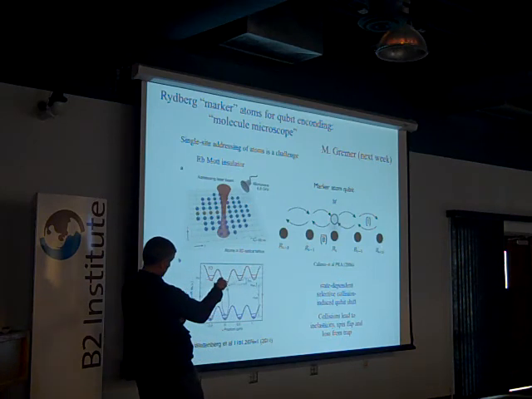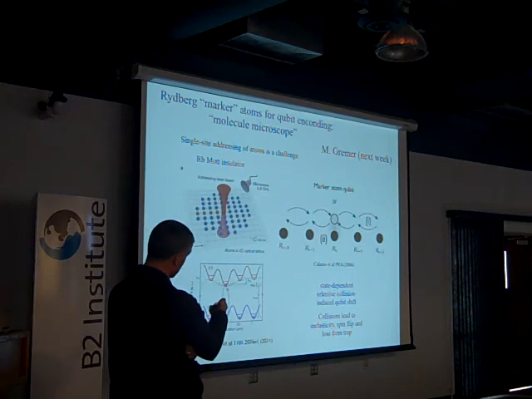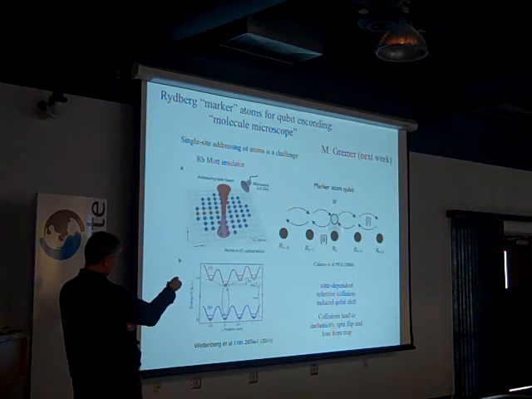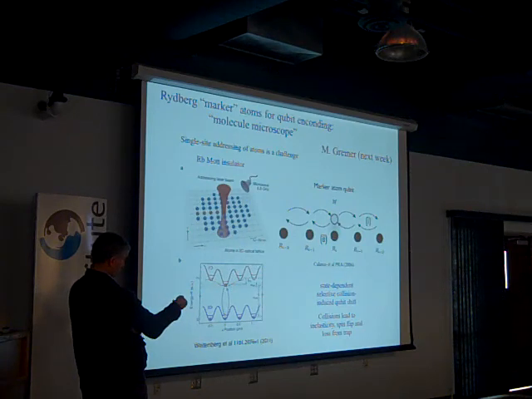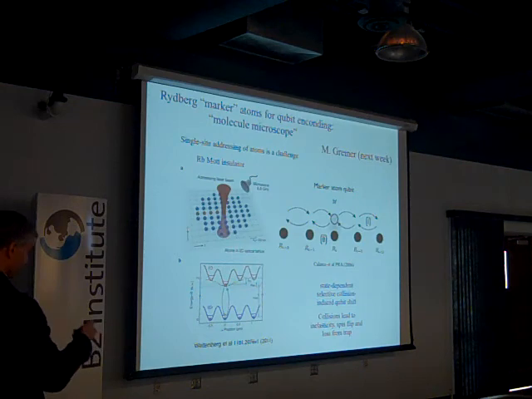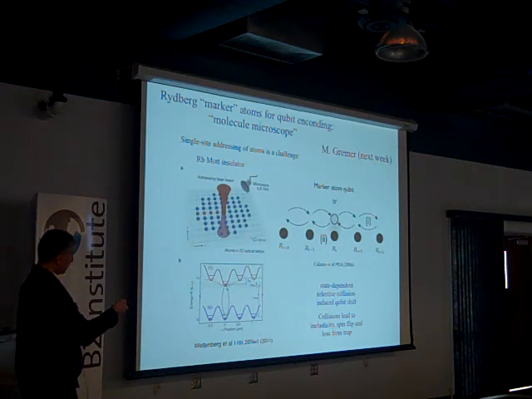This is the way you could encode the qubit. It is done by so-called state-dependent selective collision-induced qubit shift. So they shift the atomic lines here by collision.